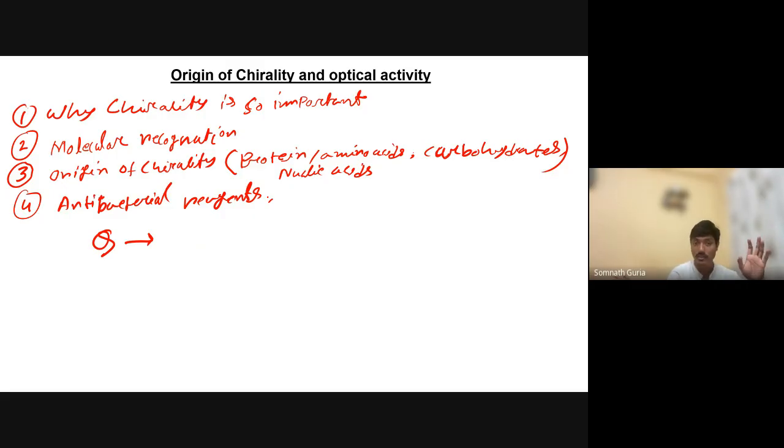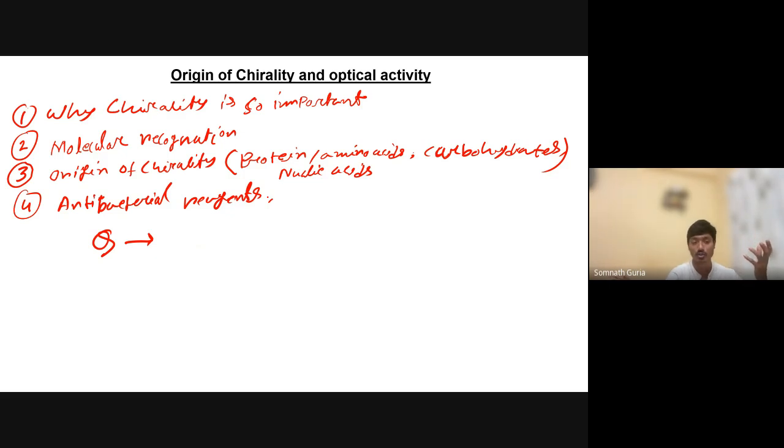So why is this happening? Because nature takes the help of a chiral environment to produce these chiral molecules in excess.